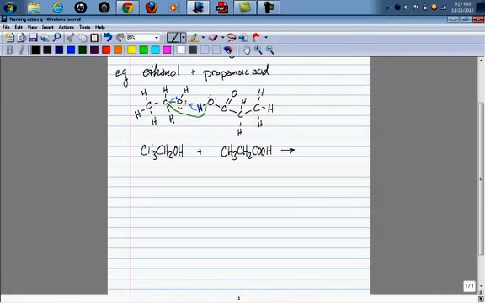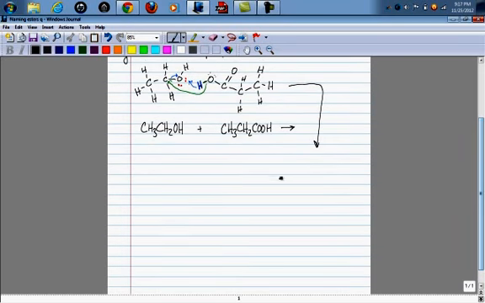And I will draw that down here so that I have room here. So the ester that forms comes from the alcohol, which no longer has the hydroxyl group. So there's CH3, CH2, and then I'll draw in green the oxygen that came from the acid, and the rest of the acid molecule.